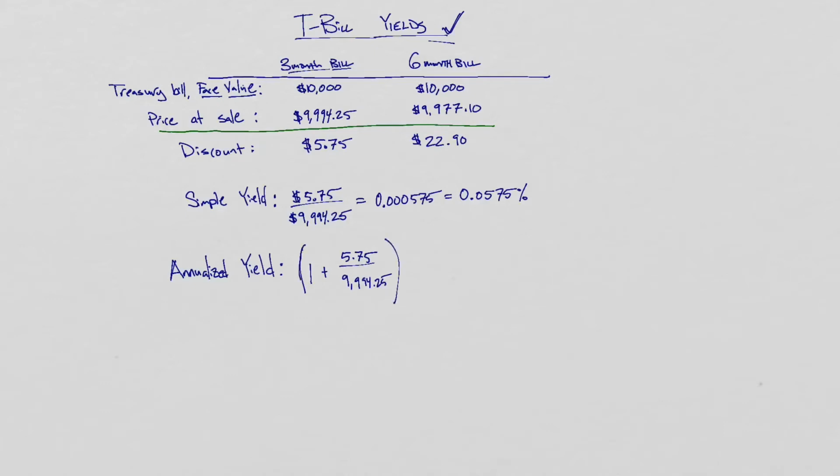On an annualized basis, we can take 3 months, 90 days, take 360 over 90, and subtract 1 from all that to get 0.23%, or about 1/4%, for an annualized yield.